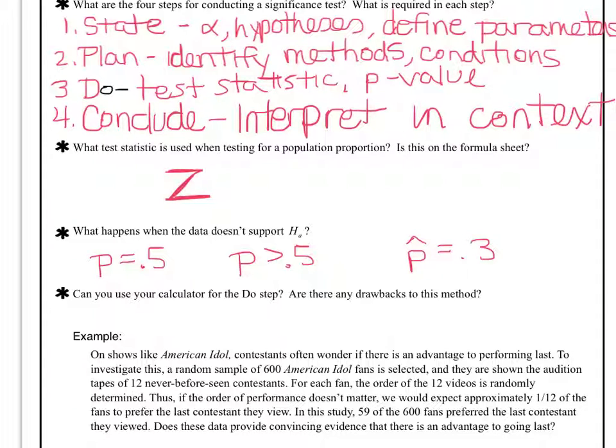Okay, this goes against our alternative hypothesis here because this is actually less than 0.5. So since our p-hat, our only piece of evidence that we have, goes against what we're trying to prove, I know that I'm going to end up failing to reject. So I can just say that I'm going to fail to reject because my sample data does not support my alternative hypothesis.